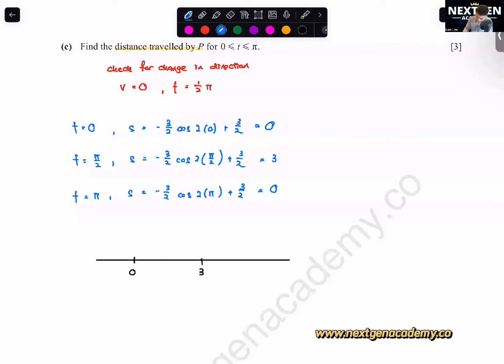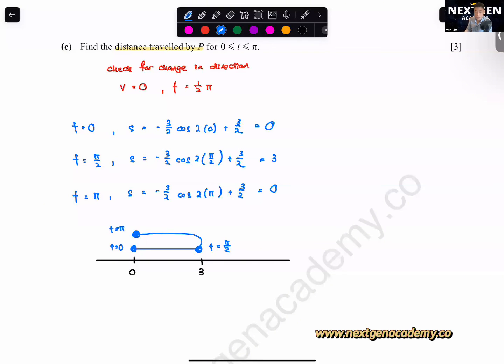So at 0 here, when t equals 0, your position is at 0. When t equals pi over 2, the particle is at 3. Then at pi, it went back to 0.